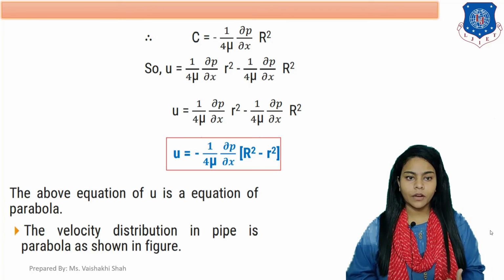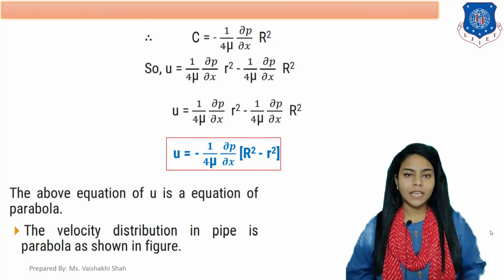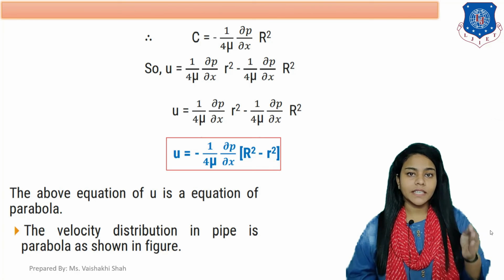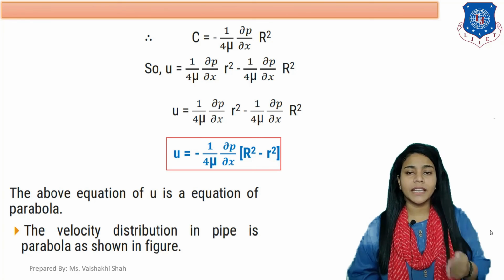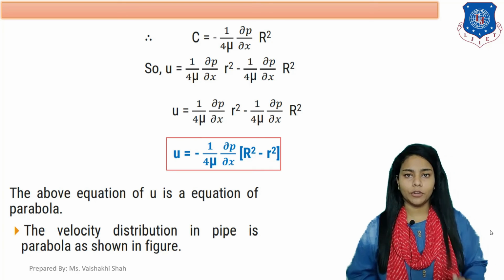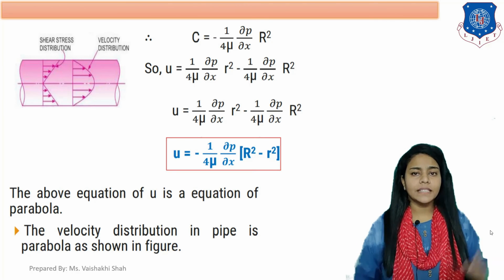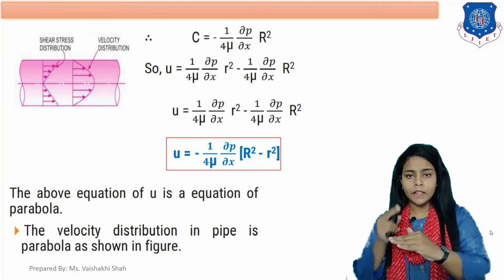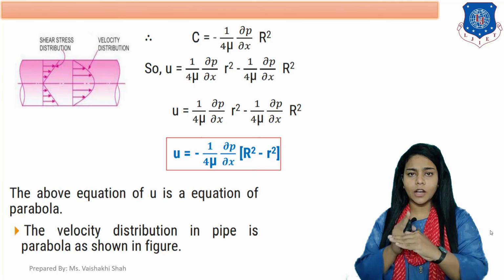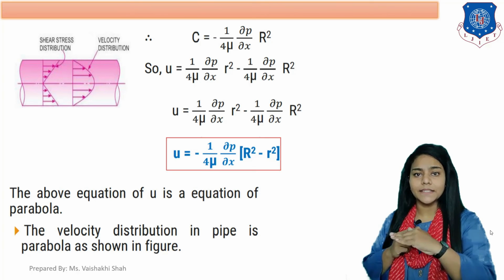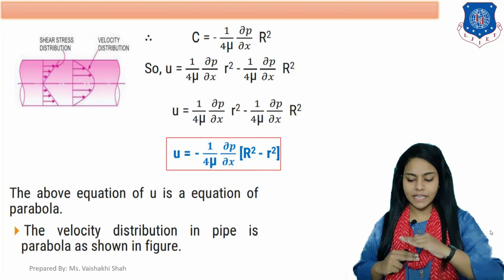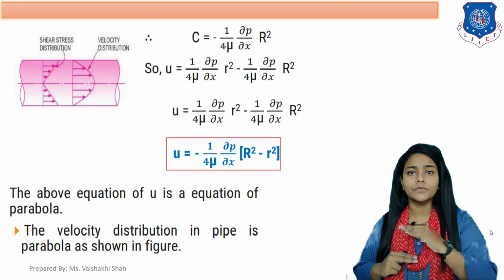This equation is the equation of a parabola, and the velocity distribution in the pipe is also parabolic in shape. As you can see in the diagram, when fluid is flowing in a pipe, the maximum velocity is at the center, and going toward the edges the velocity decreases and becomes 0.